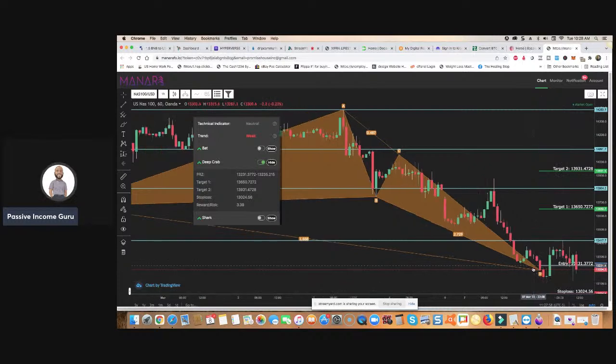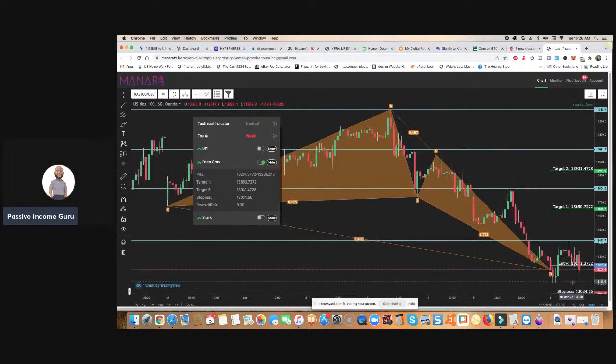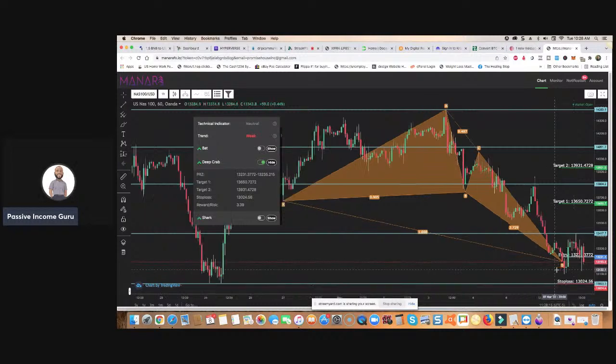Now, do the coordinates and everything, the entry point and the targets, do they win all the time? Do you lose? Yeah, there's losses, guys. This tool is about 80% accurate, which is pretty darn good.